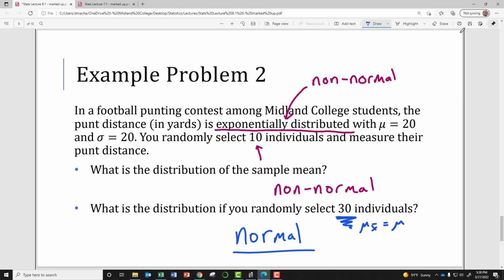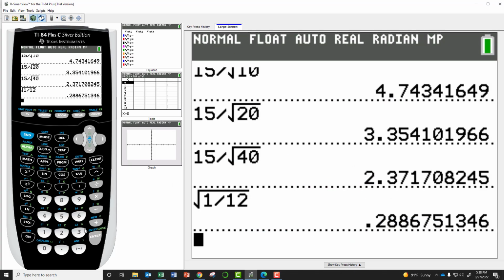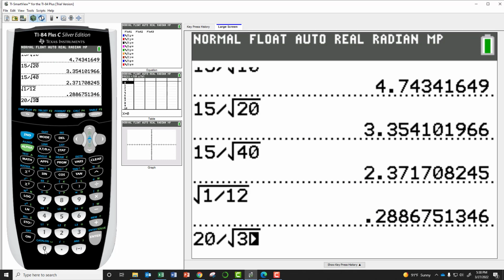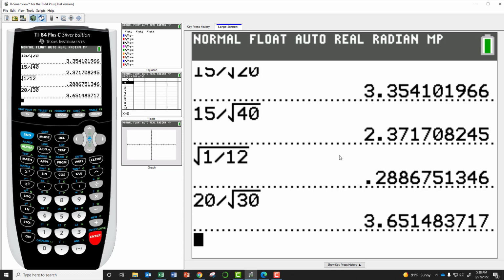The mean is just the underlying distribution mean, which is 20, and the standard deviation of the distribution of the sample mean is just the standard deviation of the underlying distribution divided by square root of n, and in our case n is 30, so this is 20 divided by square root 30, and in the calculator, 20 divided by root 30, that is going to be 3.65.